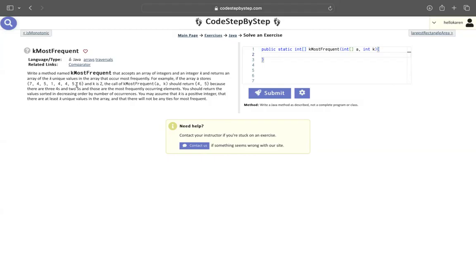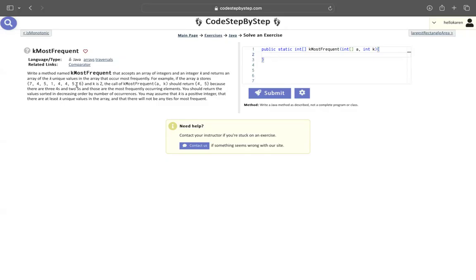It's kind of like an array, except you can add stuff to the end. So because of that, you need to keep track of two things for every number: the number and how many times it shows up. One of the array lists is going to keep track of all the unique numbers. So you're going to basically make two array lists.